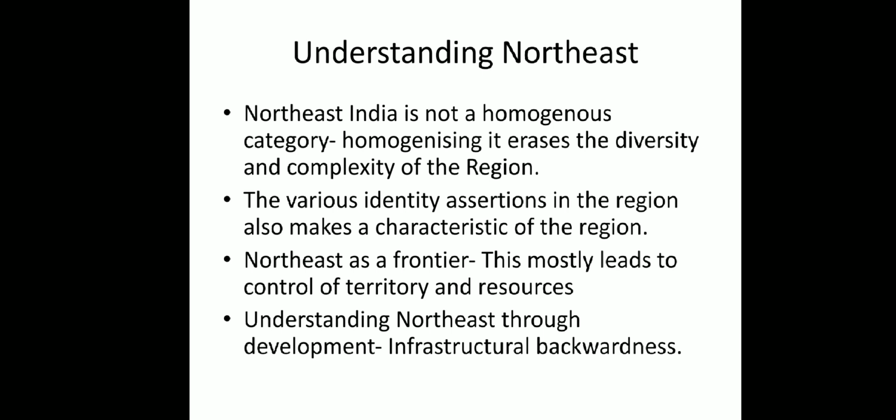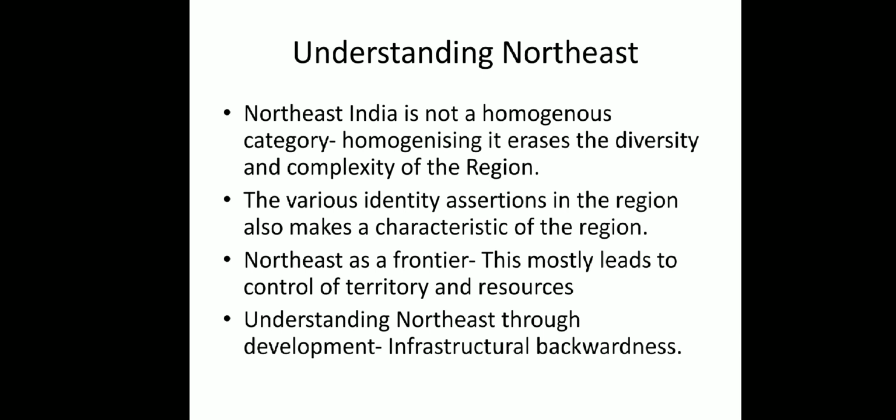Then the area is also a frontier area, therefore there's constant pressure in this area to protect the territory, the land and resources. There's a lot of ethnic identity movement from this region. The first identity movement, the Naga movement, is from the region. Then there's also infrastructural development.